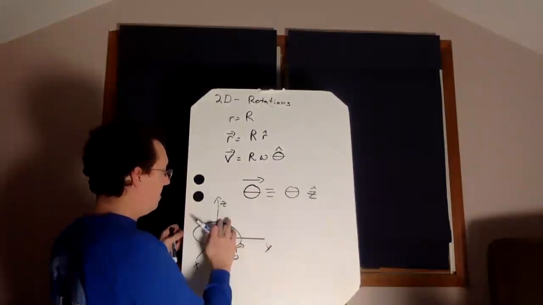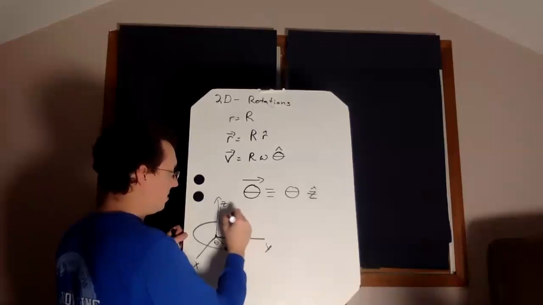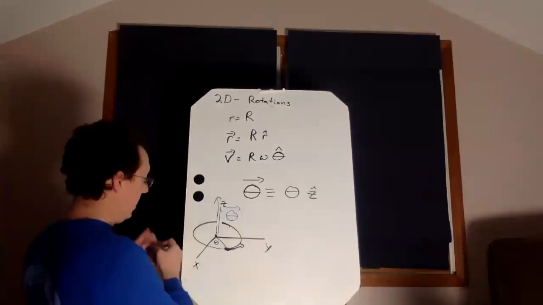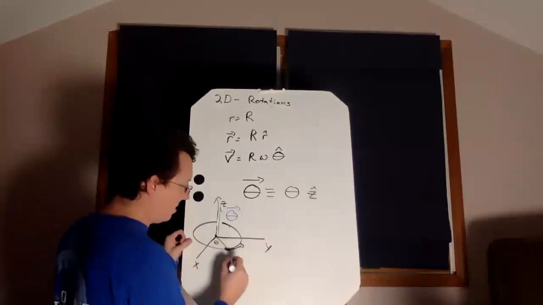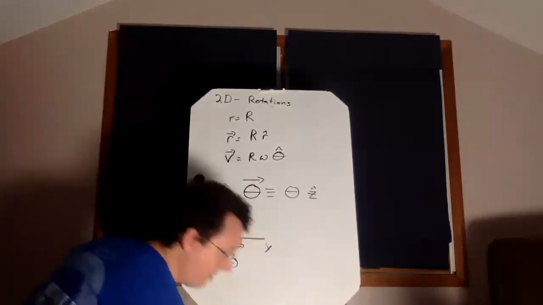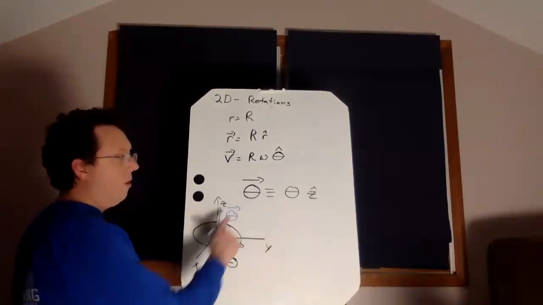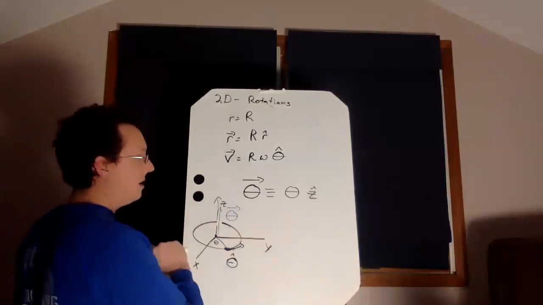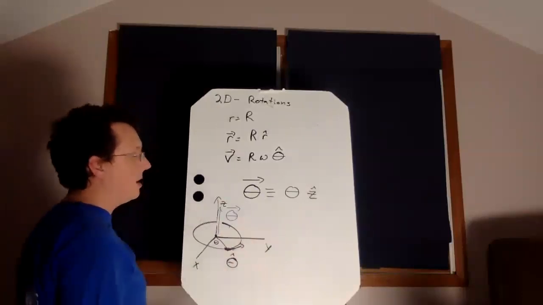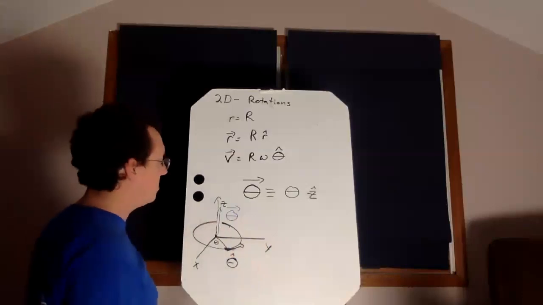In fact, theta vector points in the z direction. Theta hat is in the plane. Theta vector is in the z direction. And that seems like a terrible way to define things. It's very confusing. And you're right, it would be, except I'm defining this, but we very rarely would ever use this thing. What we care about is actually its derivative. And it'll be clear. It won't be too bad keeping track of things.